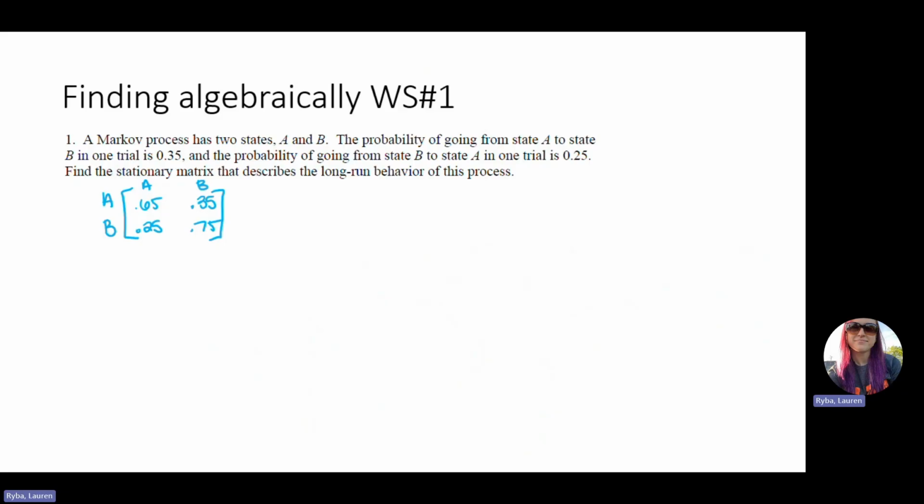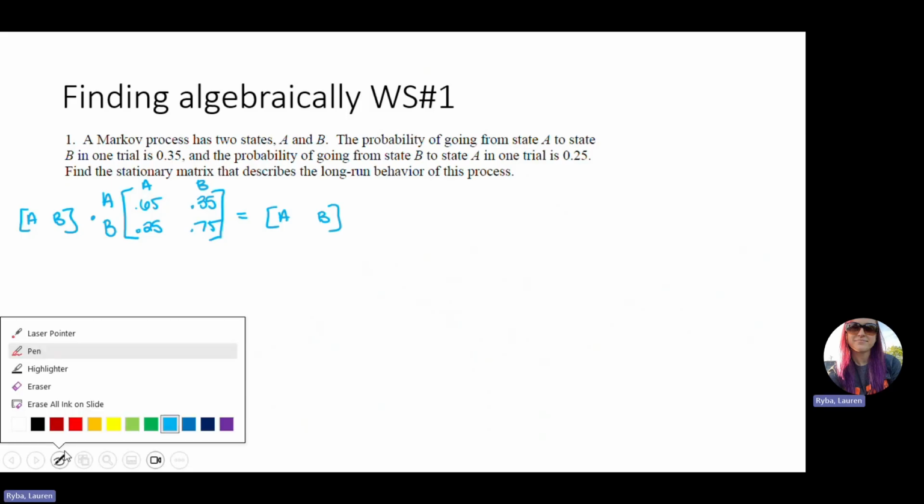So we are not given our initial state. So right now, I have some unknown values for A and B. But we know that if we multiply those initial values by my transition matrix, I should get those exact same values back out.